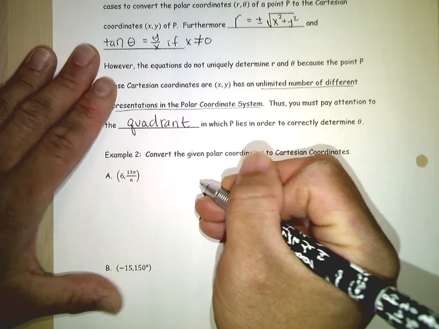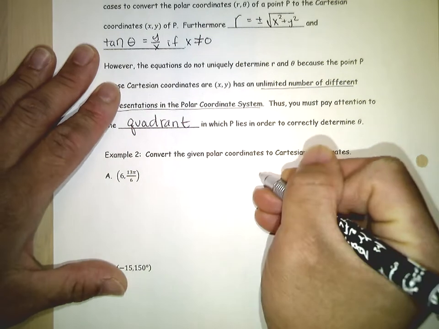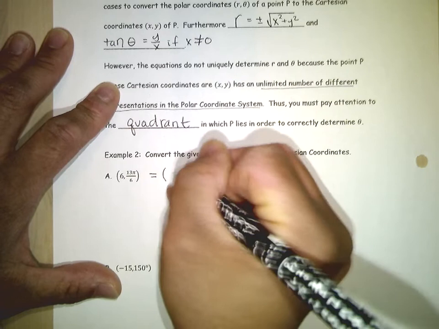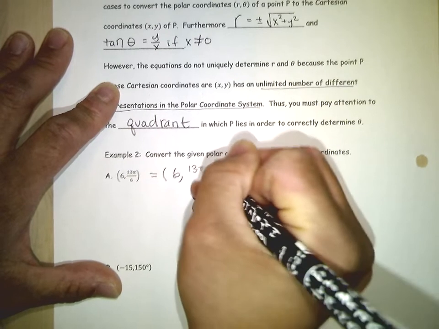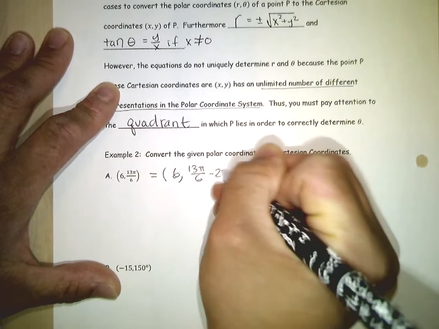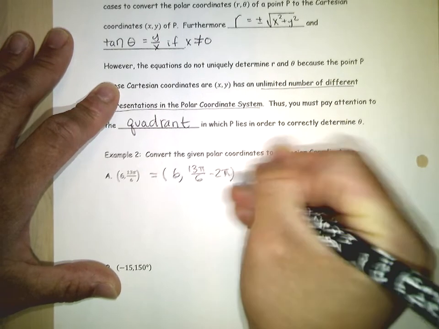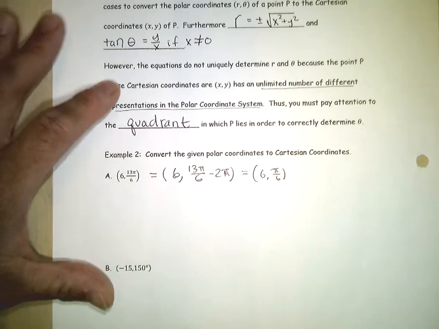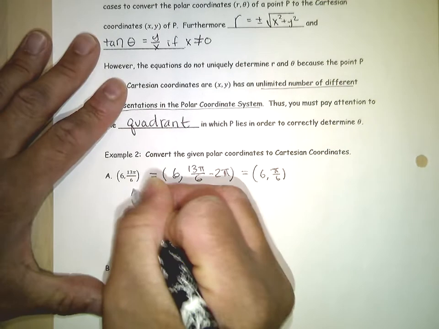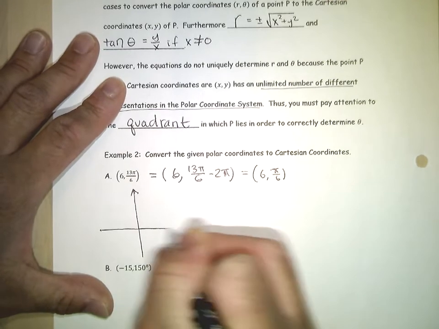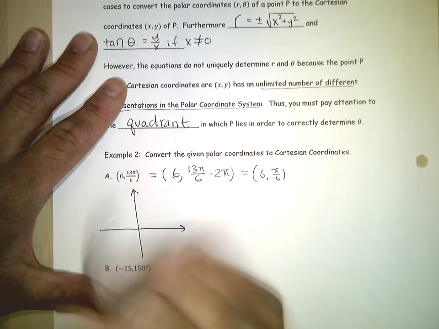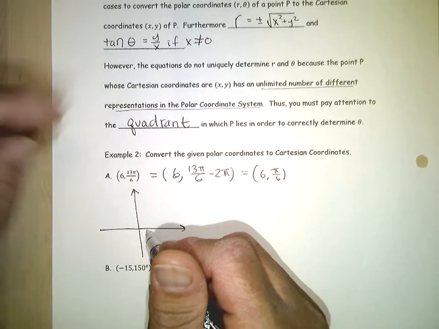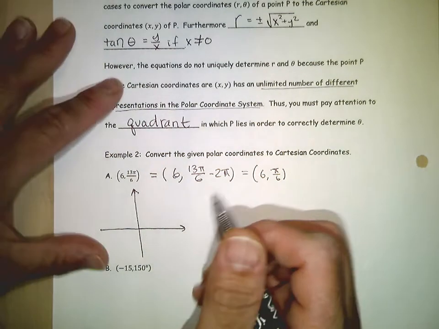So we know that this is 6, and 13 pi over 6 minus 2 pi, or just pi over 6. This makes it easier so that I don't have to keep circling around the coordinate system several times to figure out where the point is.